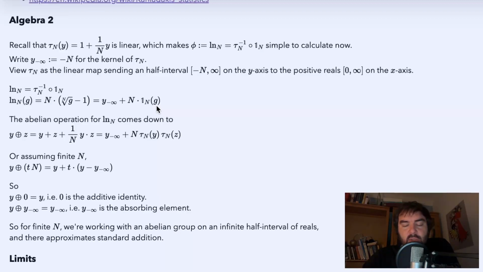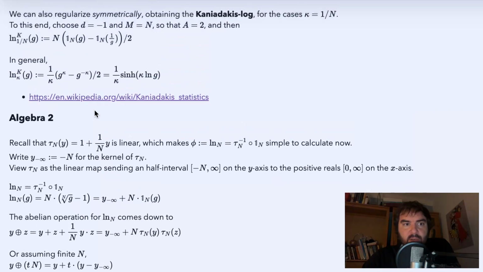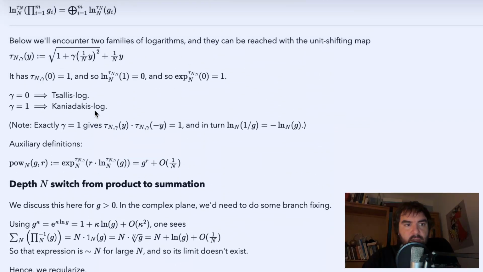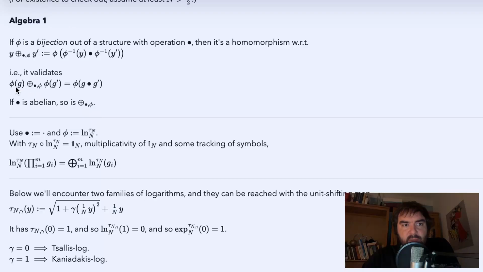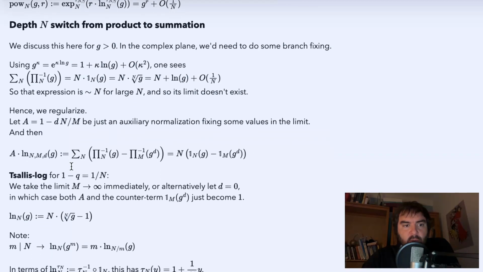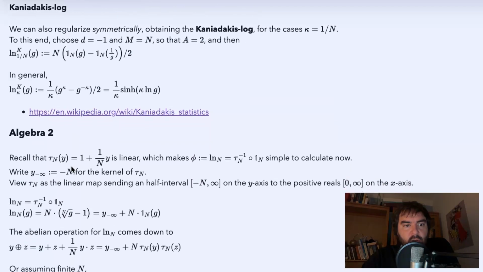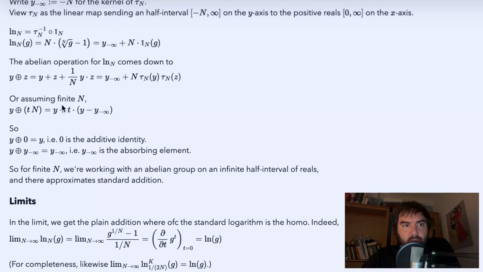And if you take the definition of our plus that we had above, right? Scroll up again. This was this definition. If you now take for phi the Thales log, and for bullet, of course, the multiplication, then what the operation actually comes out as is exactly this.